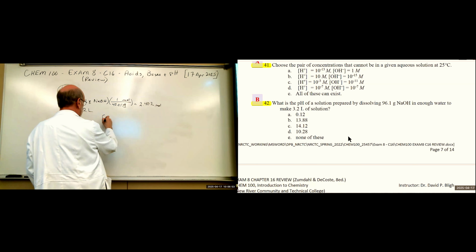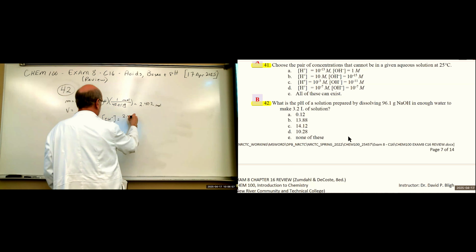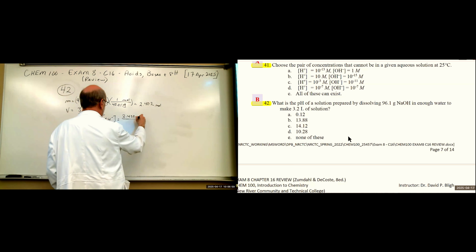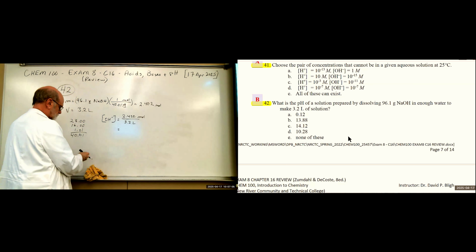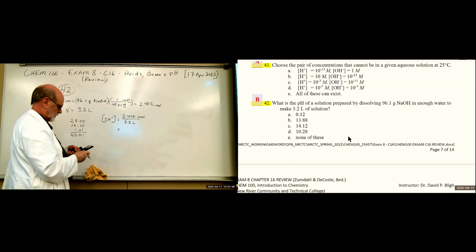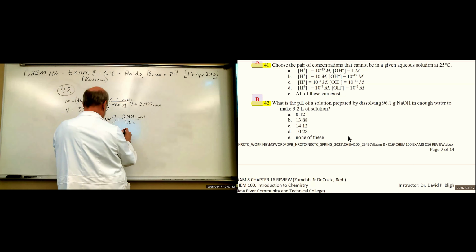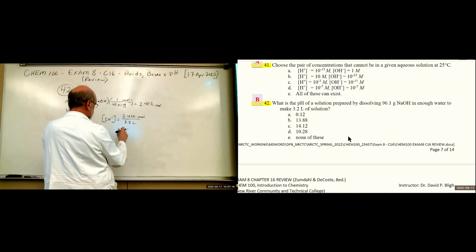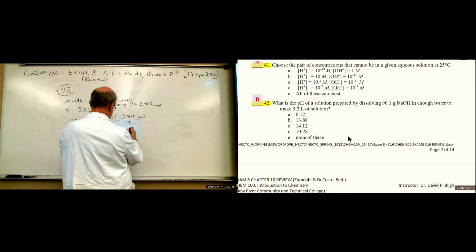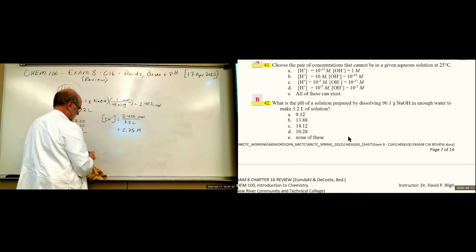So the hydroxide ion concentration then is equal to 2.402 moles per 3.2 liter. Okay. So now I can round it off to 2 significant figures, 0.75 molar.